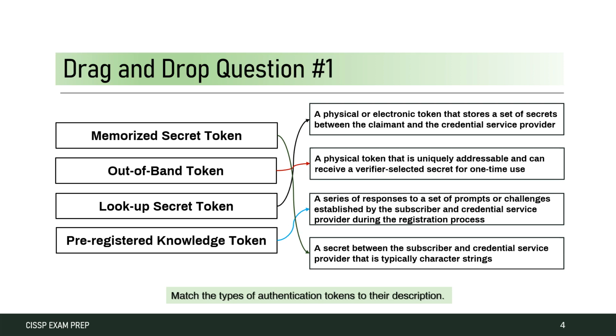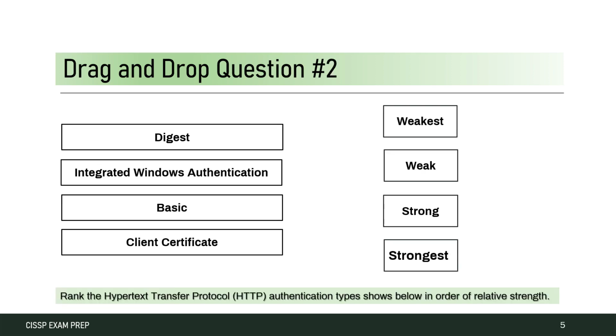All right, let's move on to question number 2. On the left side, we have Digest, Integrated Windows Authentication, Basic, and Client Certificate. On the right side, we have weakest, weak, strong, and strongest. Let's read the instruction here: rank the Hypertext Transfer Protocol, or HTTP, authentication types shown below in order of relative strength.